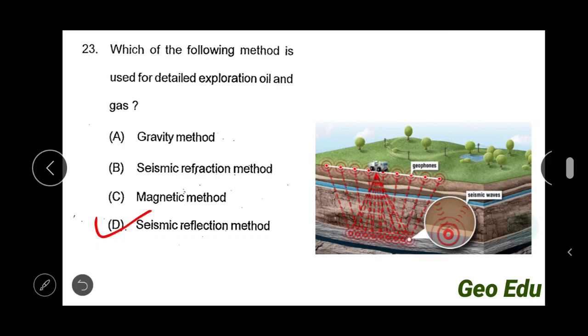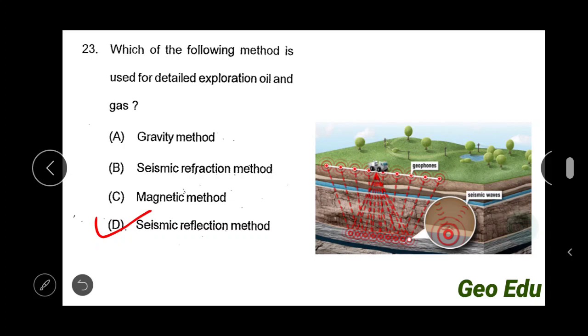These are high density rocks, so the gravity method is very useful. And the magnetic method is used for exploration of magnetic minerals like magnetite, ilmenite, and pyrrhotite-rich sulfide.